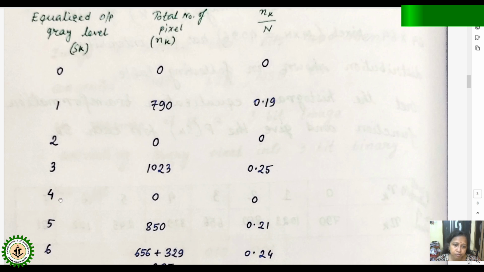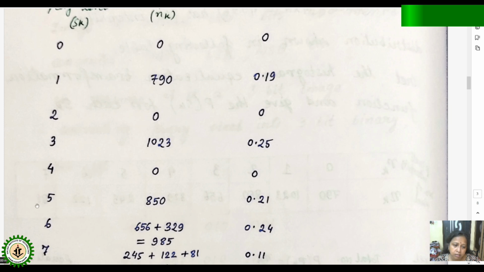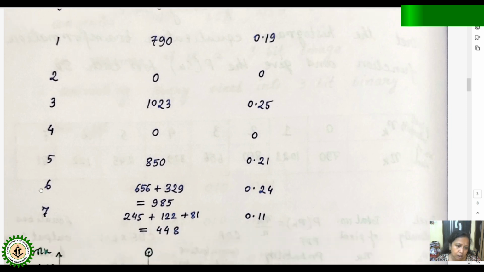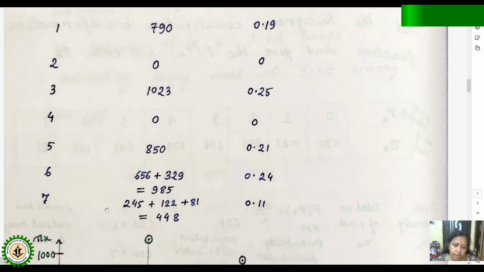Output gray level 4, total number of pixels is 0. Output gray level 5, total number of pixels is 850. Now for the output gray level 6, total number of pixels is 985. For the output gray level 7, total number of pixels is 448.